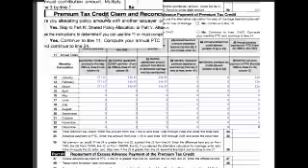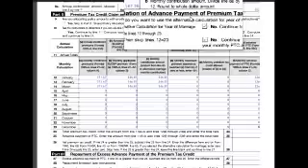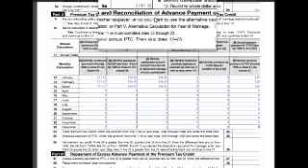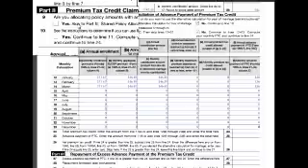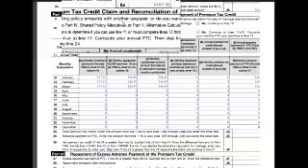Okay, guys. Let's make a review of part 2. Part 2 is about premium tax credit claim and reconciliation of advance payment of premium tax credit.